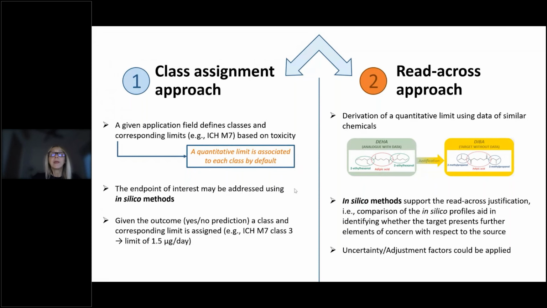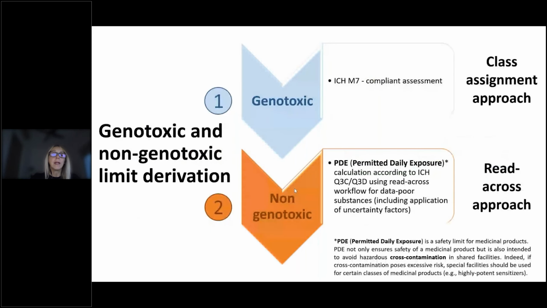This is the case, for example, of limit derivation for genotoxic and non-genotoxic impurities, where in the first step, the class assignment approach is applied in order to assess the genotoxic potential of a given impurity according to the ICH M7 guideline.